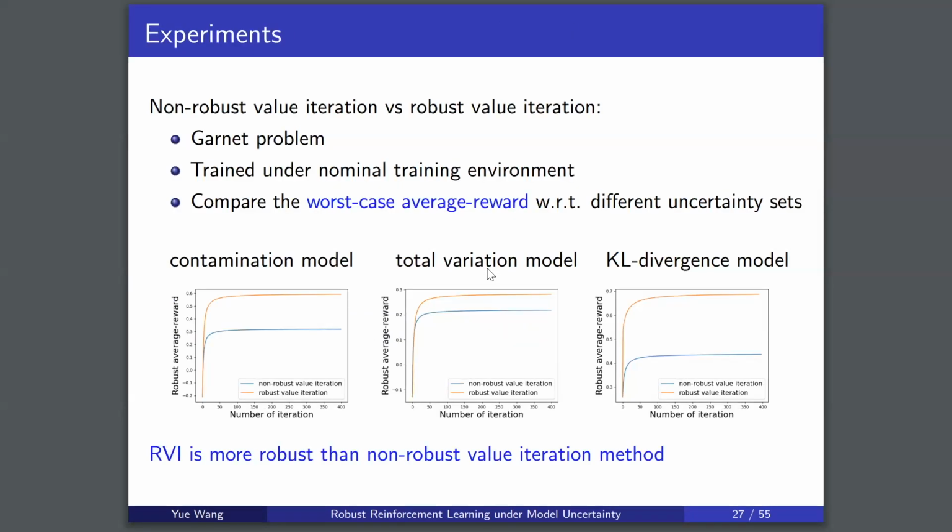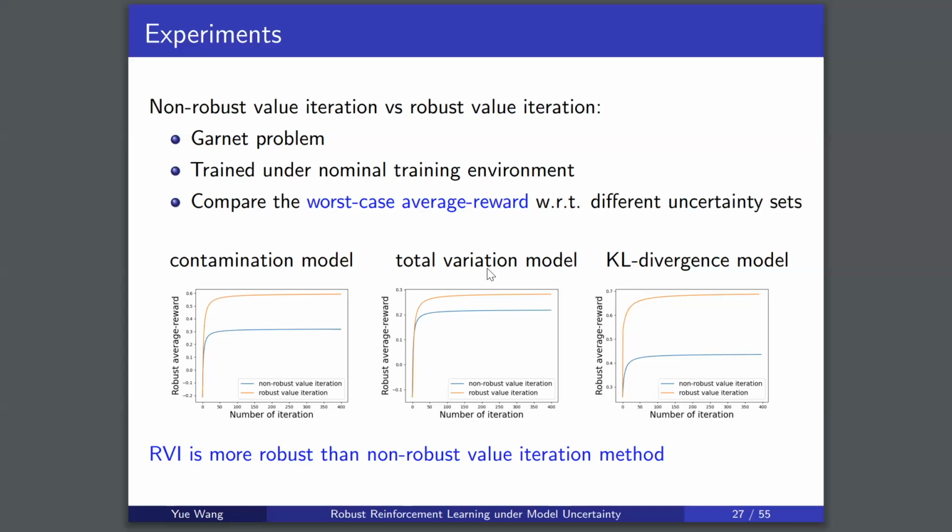Here I use a numerical experiment to verify the robustness of our algorithm. We compare our robust value iteration with the non-robust one. We train both algorithms under a nominal training environment, and we compare the worst-case average reward with different uncertainty sets, which can be defined as a total variation type set or chi-square divergence and so on.